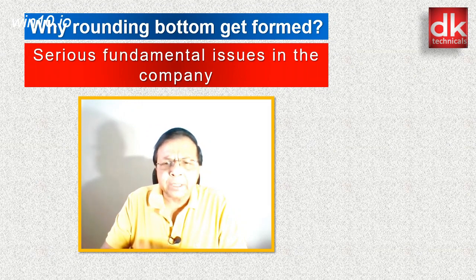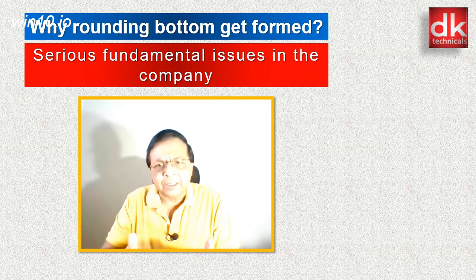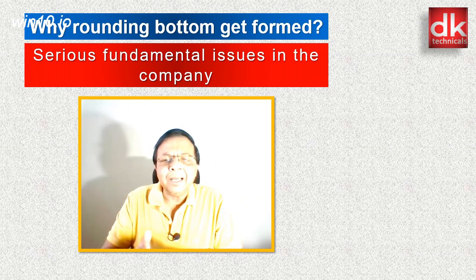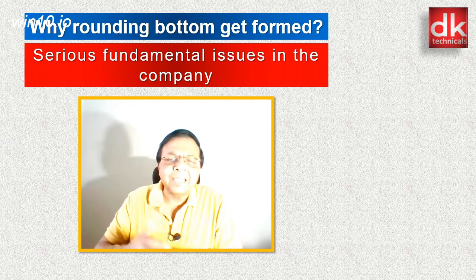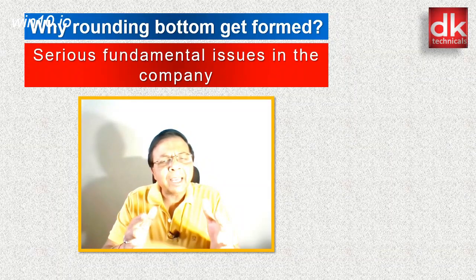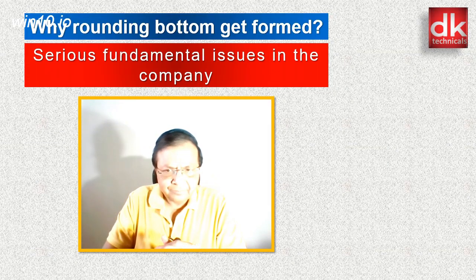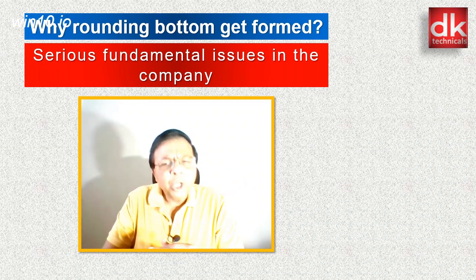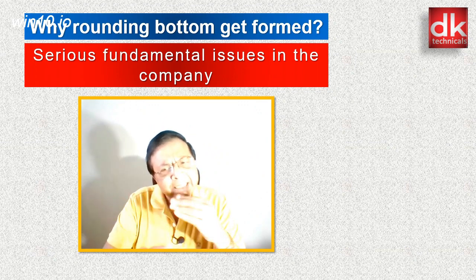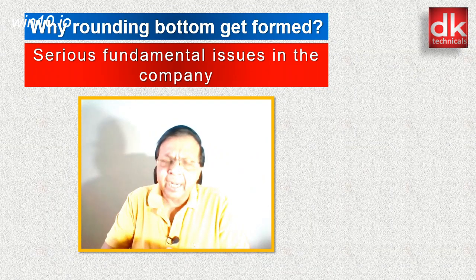And in the process, once the revival plan is put into action, the price of the stock starts recovering slowly and slowly. And in order to get the results out of the revival plan, it takes years. And once that happens, you will find such kind of formation, which is a rounding bottom, has taken several years to form, and finally a breakout of a neckline.